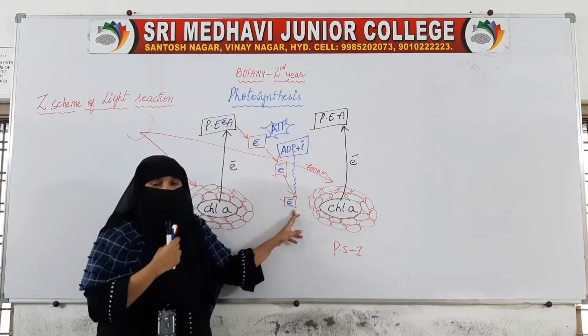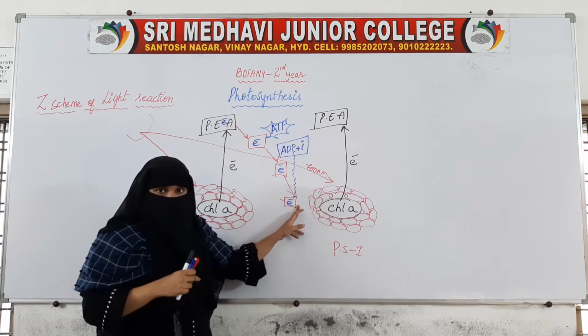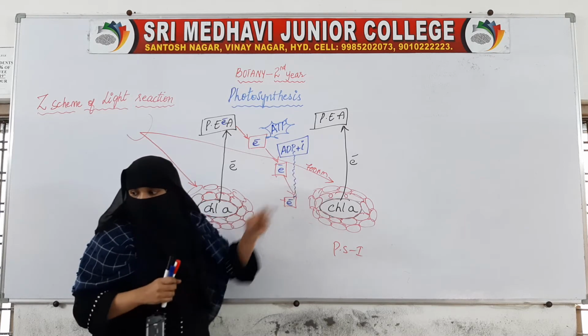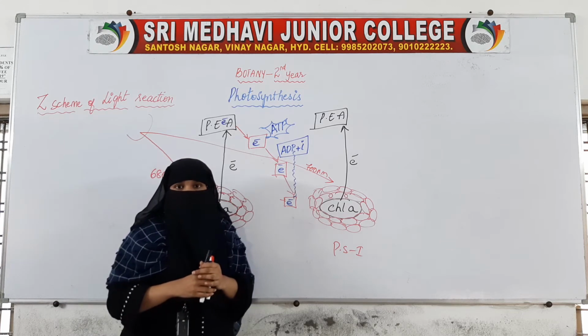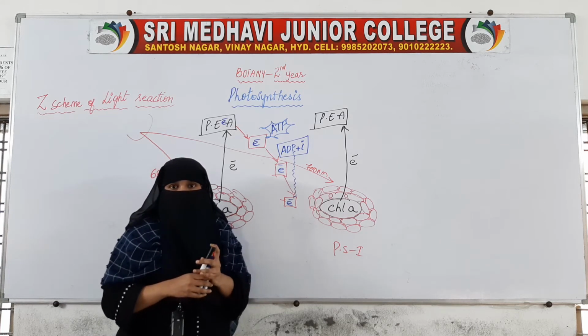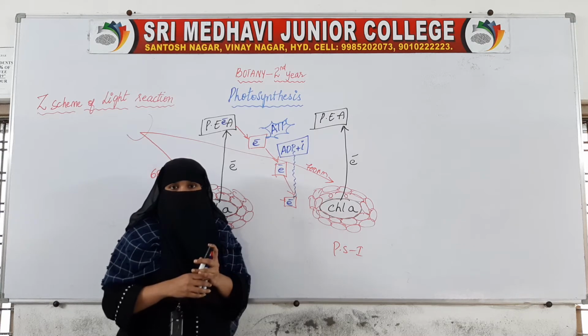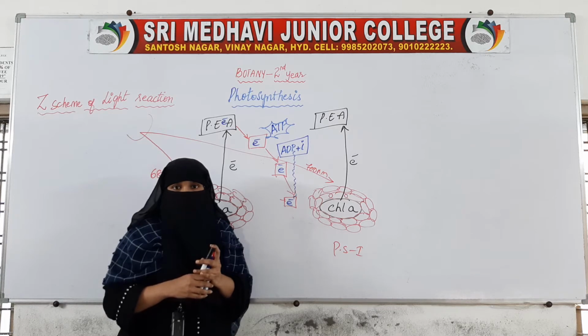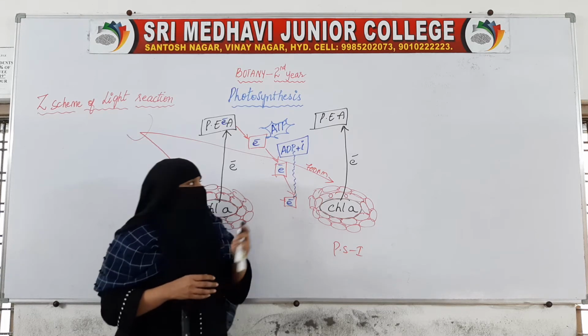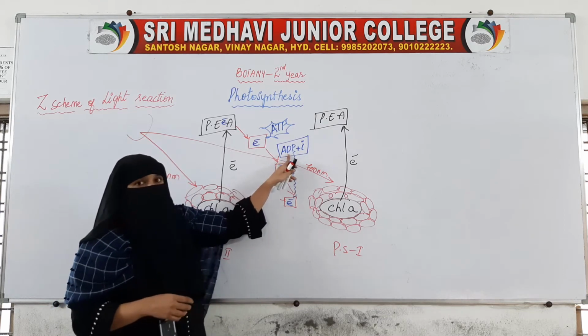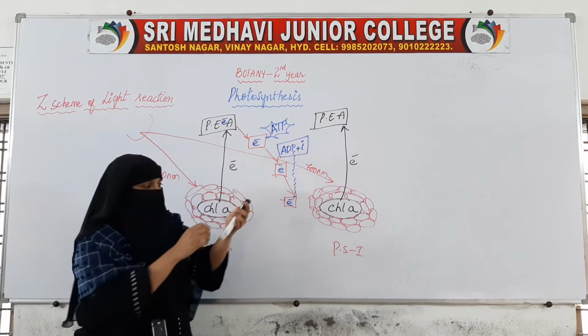When this electron comes down the hill, it releases the energy. With the help of this energy, this ADP and inorganic phosphate combine.